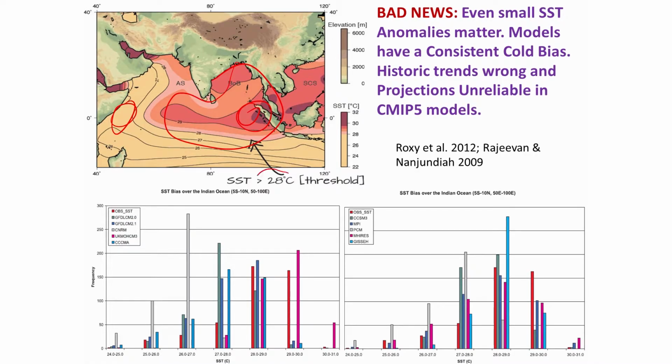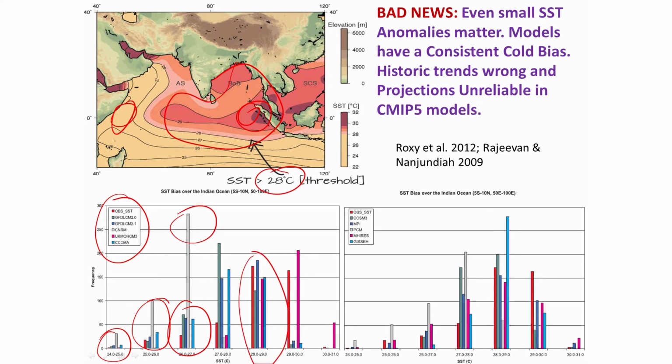Remember the magic number of 28.5 or 28 degrees centigrade. This is just showing different models from around the world and different temperature ranges simulated by the model versus what is observed from data. I will not go into the details, but the main message is that most of the models are systematically colder than observed sea surface temperatures.